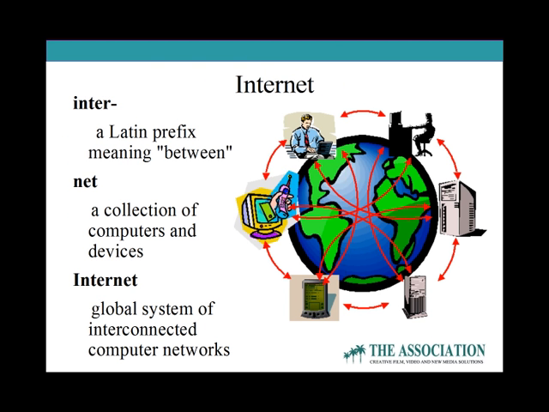Now, here's another word that people use a lot, which is internet. So I just thought I'd clear this up because a lot of people have it mixed up with another word. Basically, it's made up of a couple parts. Inter means between, and net is a collection of computers and devices in this particular case. So the Internet is simply a global system of interconnected computer networks.